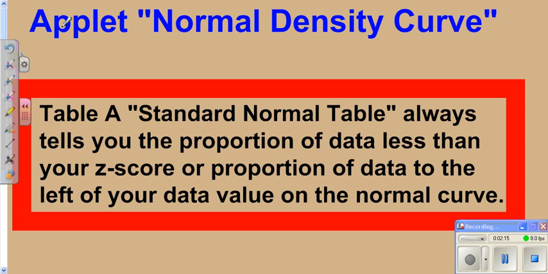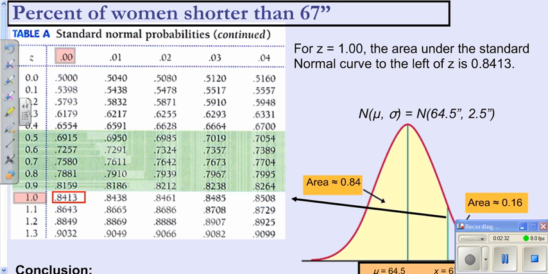Your standard normal curve always tells you the amount of data to the left, or what's less than your z-score. Sometimes you'll be asked for what's greater than, and we'll deal with that in a little bit. But it always tells you what's less than. So let's take a look at that problem that we did before. What percent of women are shorter than 67 inches?